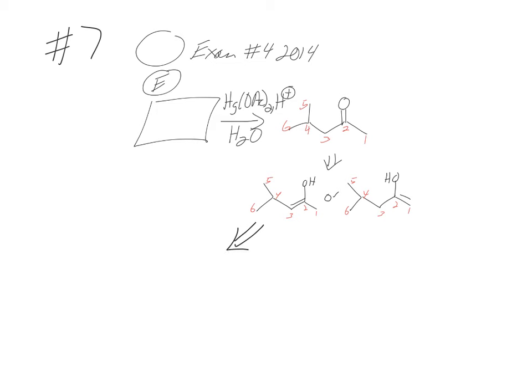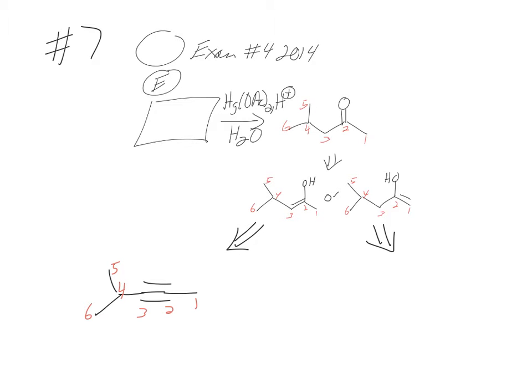What alkyne would that one have come from? Where would the triple bond be, between which two carbons? 2 and 3, right? Because it'd be 1, 2, 3, 4, 5, 6. For this one, what alkyne would this have come from?